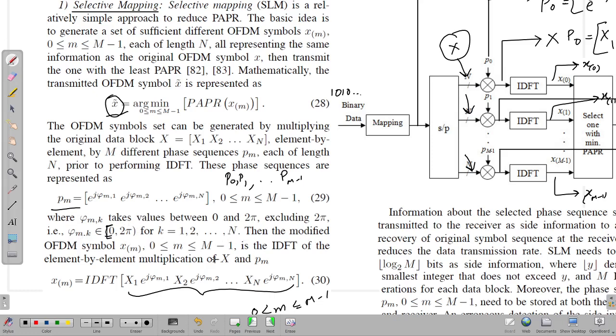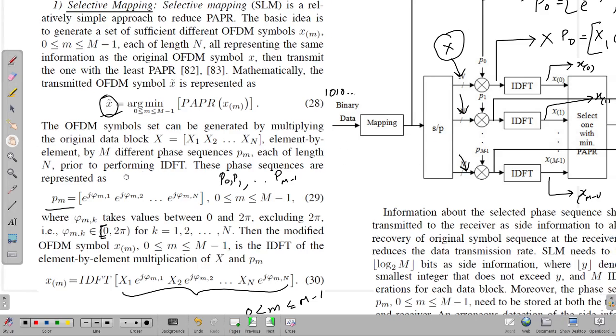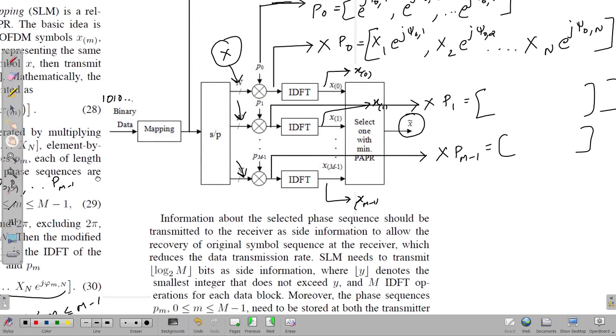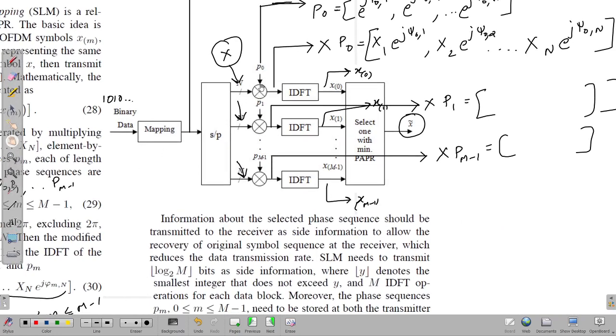So that is the whole idea of selective mapping. Selective mapping basically multiplies the modulated symbols with m phase sequences, which have the same length as the incoming signal x, the modulated set of symbols. They change the phase of this signal x.